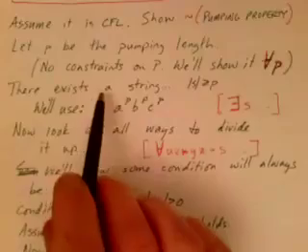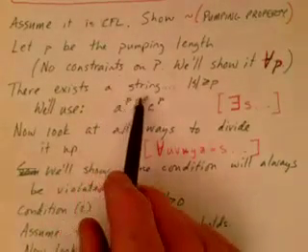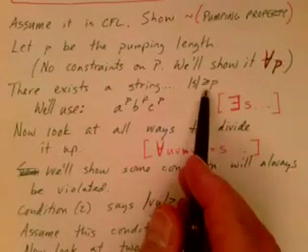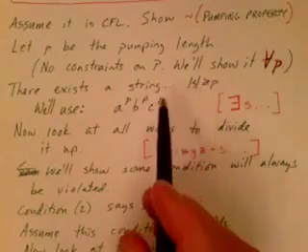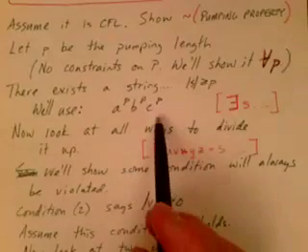The next step, in our negated version of the pumping property, is that there exists a string that's long enough. Okay, and that's the key. This is the key step, is finding your string that we're going to be able to use to prove that the pumping property does not hold.